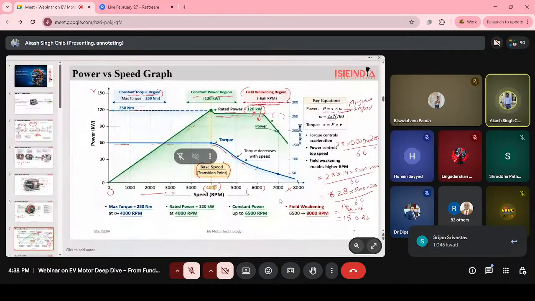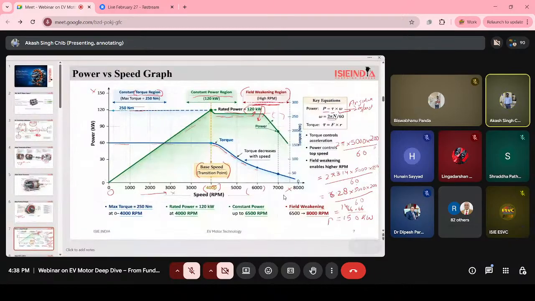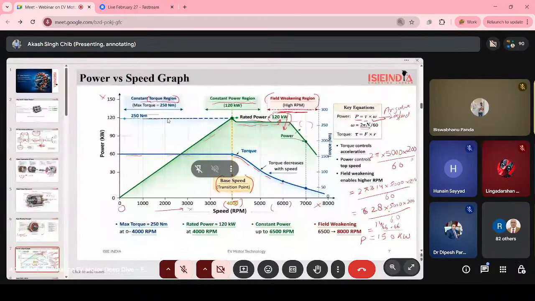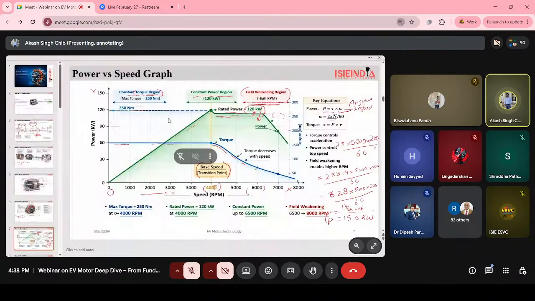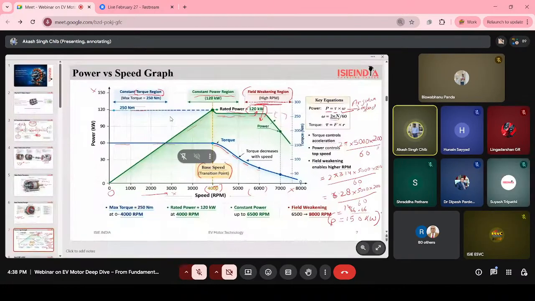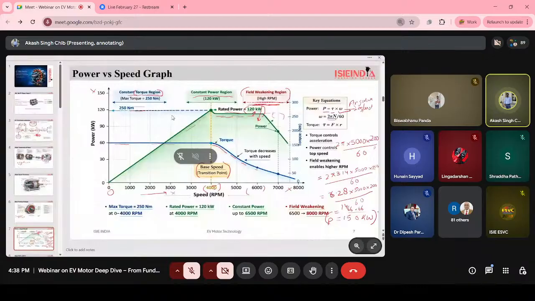So we are getting 150 kilowatt of power at 5000 RPM and 200 Newton meter of torque. That torque changes with the speed.